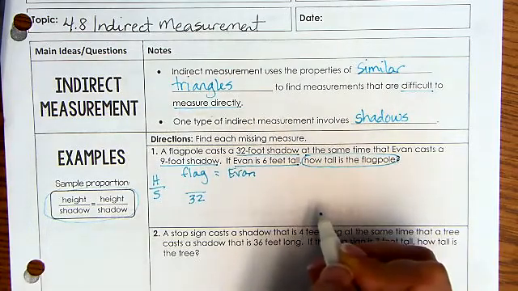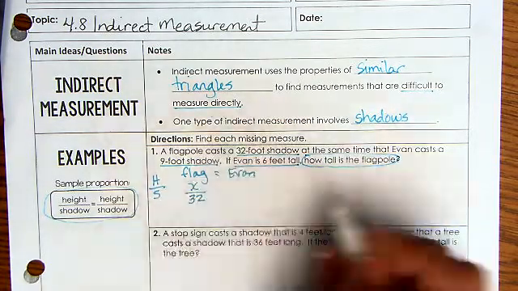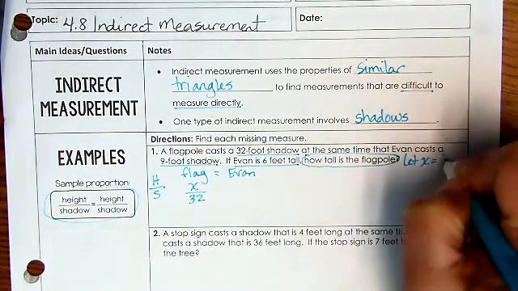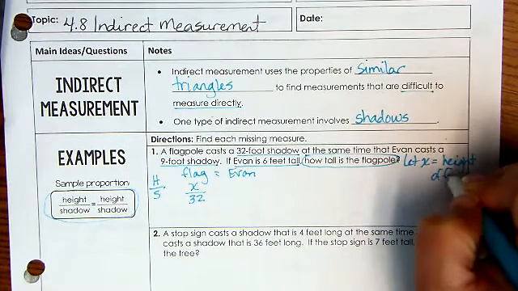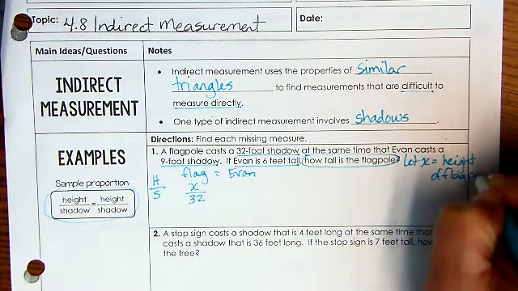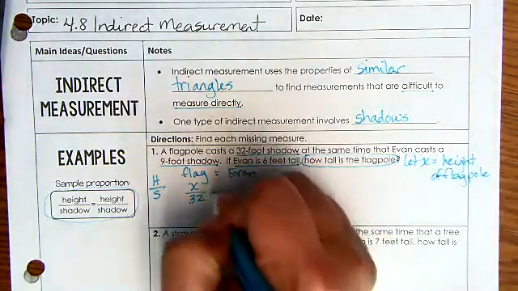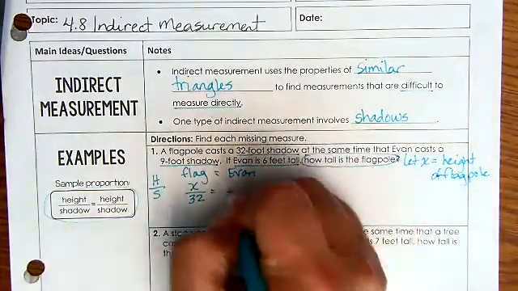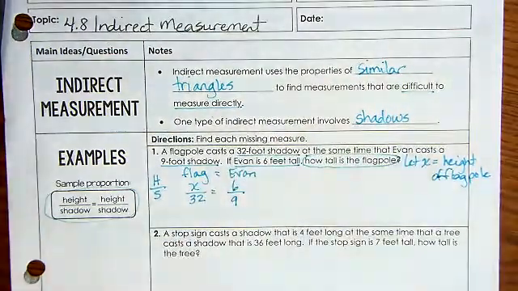It wants me to find how tall the flagpole is, so that's going to be x. So we let x equal the height of the flagpole. Make sure you can read what I'm writing. Equals, now we talk about Evan. His shadow was 9 feet and his height is 6. So now I have my proportion.